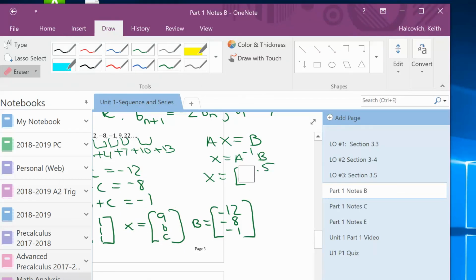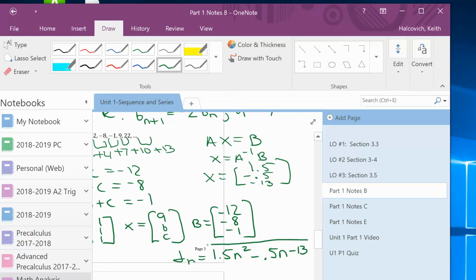So actually this is a positive 1.5, negative 0.5, negative 13. So that means your quadratic d sub n is equal to 1.5 n squared minus 0.5 n minus 13. That is your explicit formula.